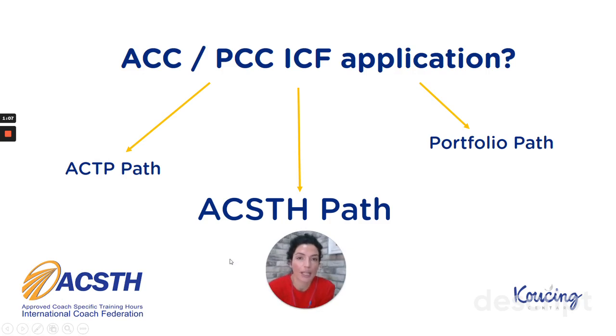Eligible for this path are people who have gone through coach training programs with this accreditation for the program. Then we have the ACSTH path, which is eligible for all those coaches who have gone through coach training programs with this type of program accreditation.